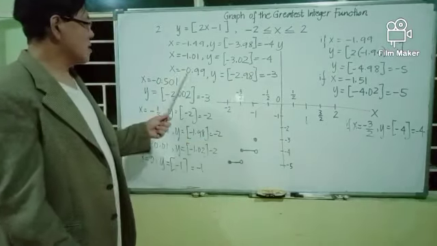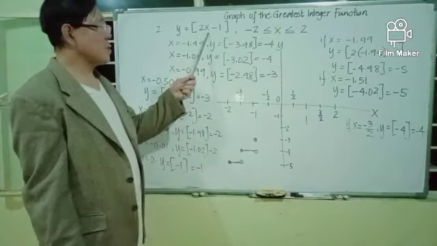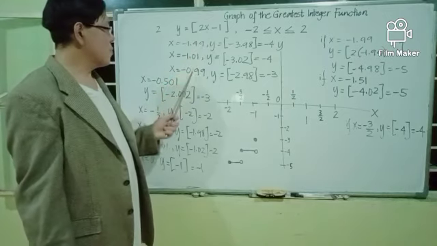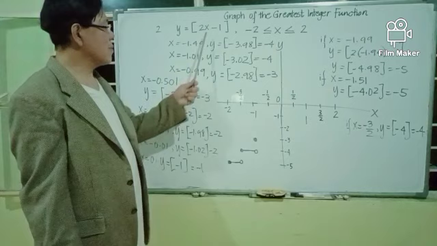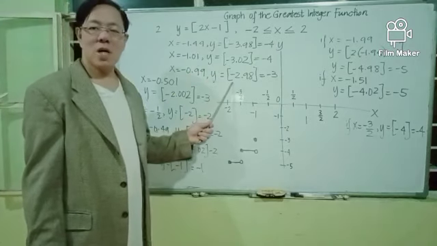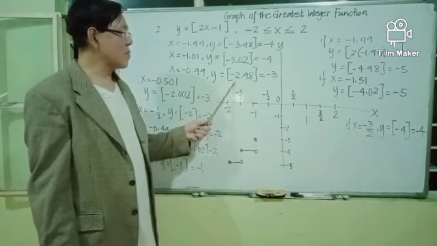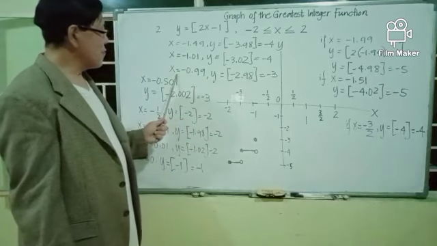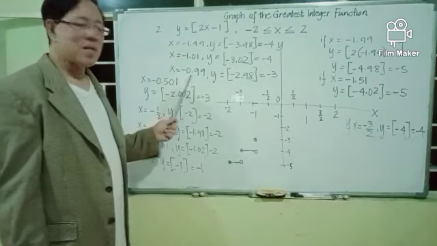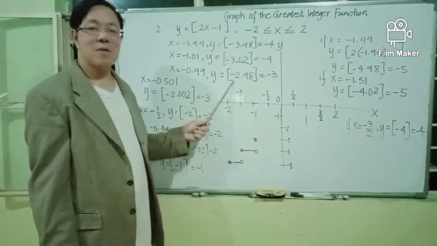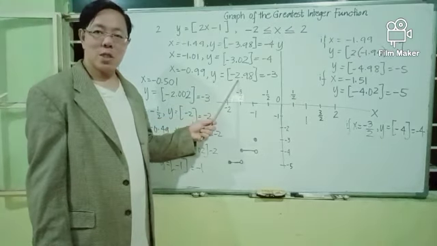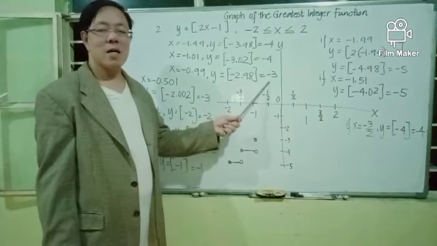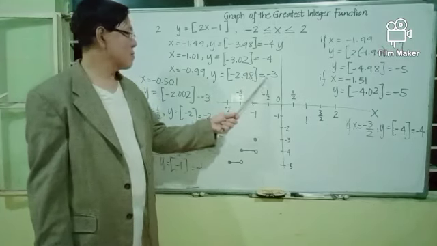If x equals negative 0.99, substitute the value of x here. 2 times negative 0.99 minus 1. Using your calculator, you should get negative 2.98. So if x is equal to negative 0.99, the value of y is the floor, the greatest integer that is less than negative 2.98, and that integer is negative 3.